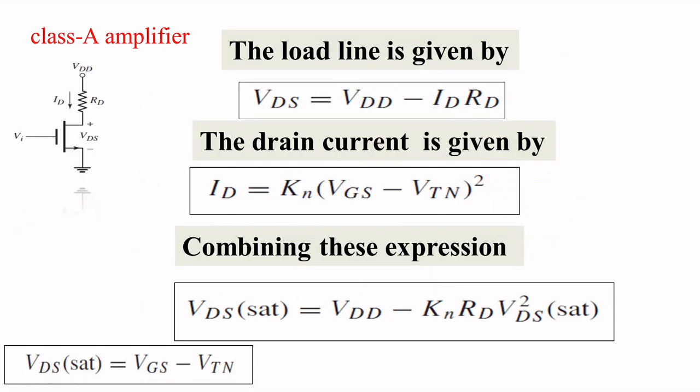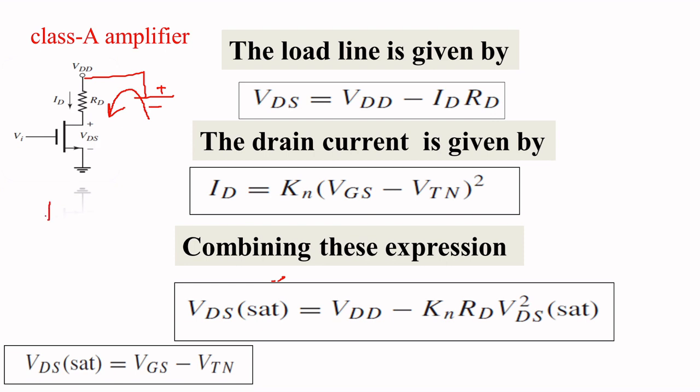The other required equation is for the output voltage. How can you find your output DC voltage? Very simple, apply KVL across your output loop. This is your plus and this is your minus, in anti-clockwise direction.